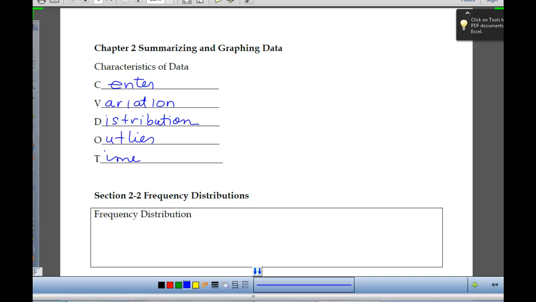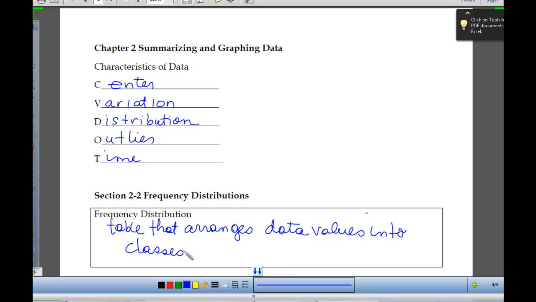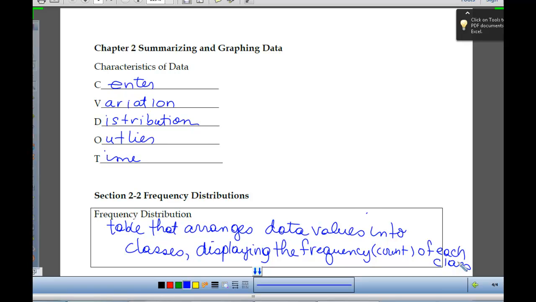A frequency distribution is a table that arranges the data values into classes, displaying the frequency, or count, of each class. That's a frequency distribution.